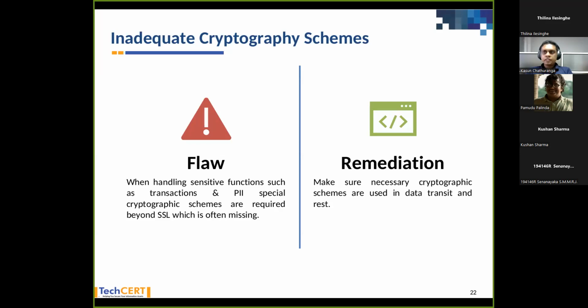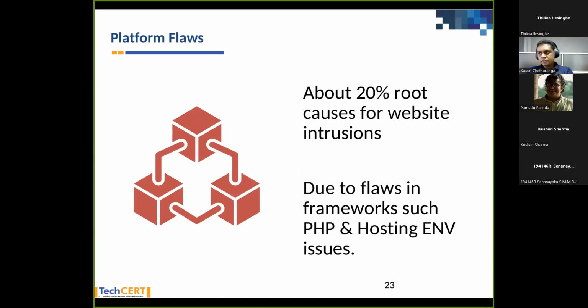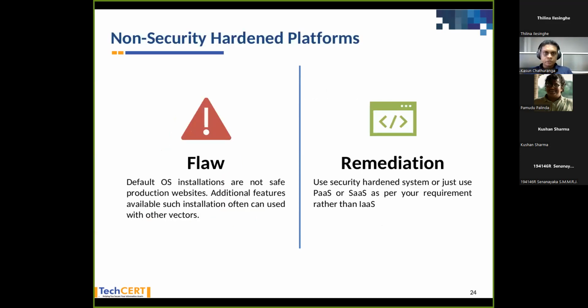Percent of these basically happens due to flaws in the frameworks such as PHP or the hosting environment, and these sort of vulnerabilities.